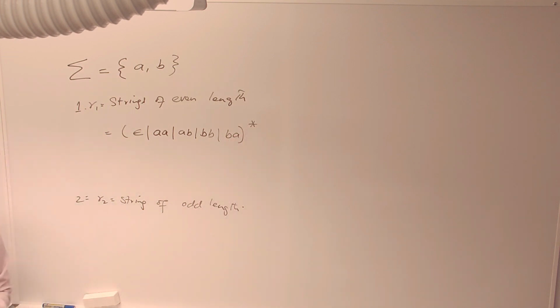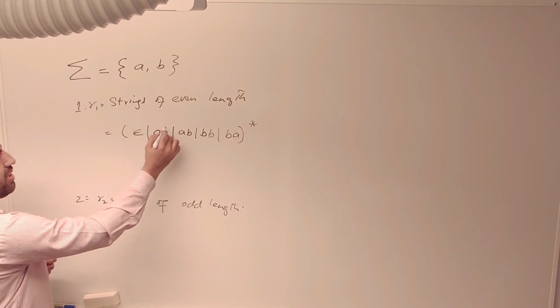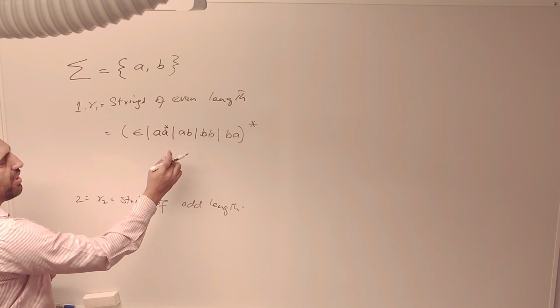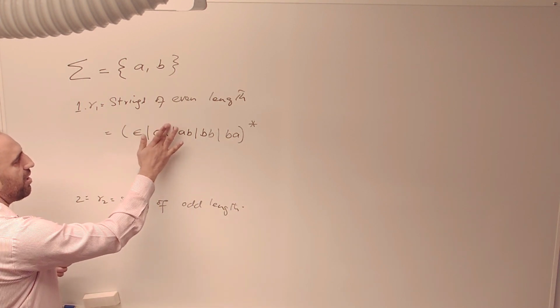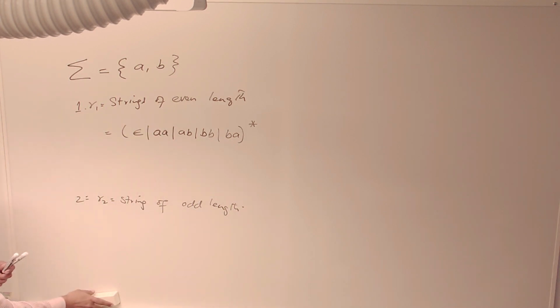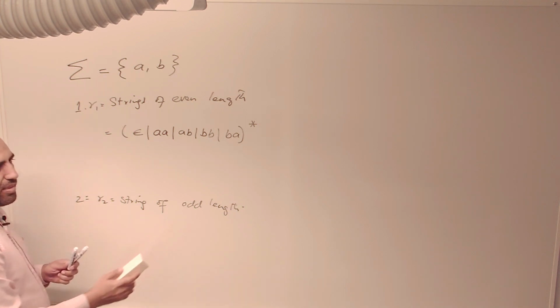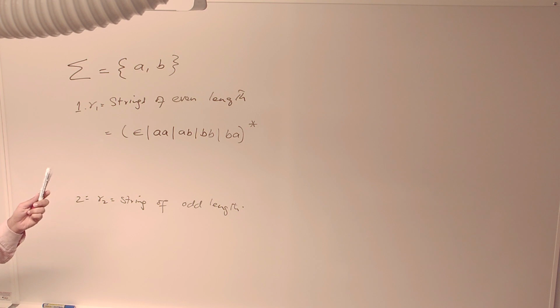Since they always have to be concatenated two at a time, they will always be even, no matter how many times they are added together. I might be wrong, but I just want to give it a try.